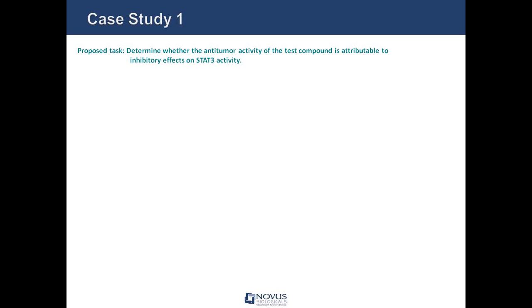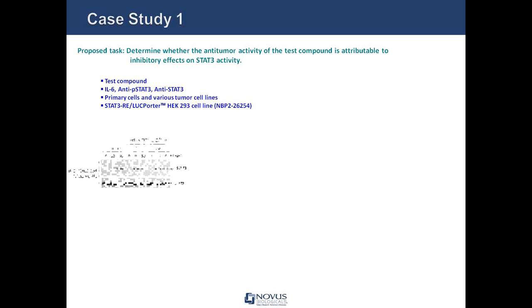What I'm showing here is oversimplified and just a small portion of the whole project. The materials we used were the test compound, an unknown compound, IL-6, anti-phospho-STAT3 antibody, and anti-STAT3 antibody. We used primary cells and various tumor cell lines, and of course, STAT3 LUCPorter cell lines.